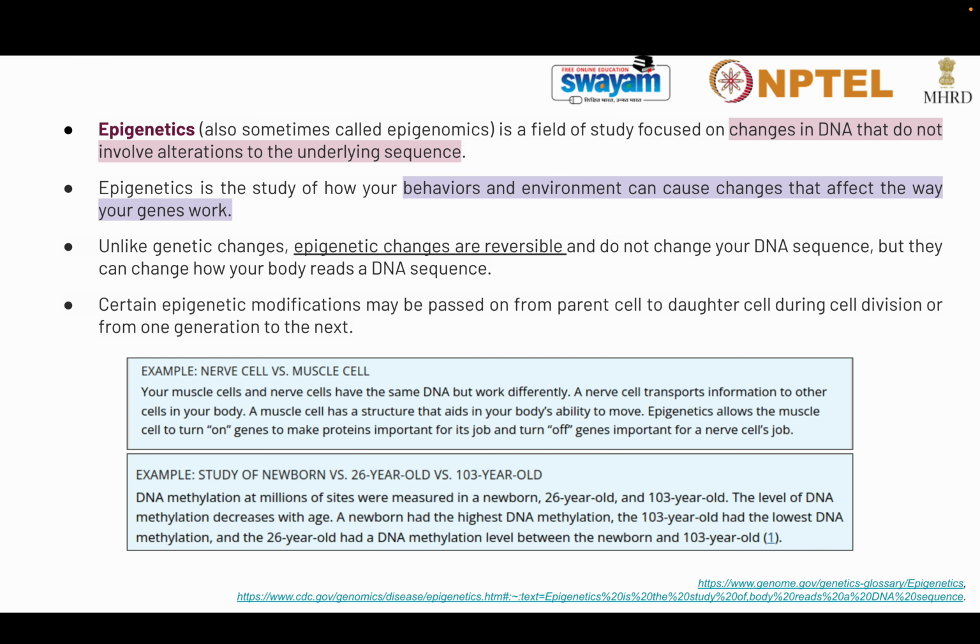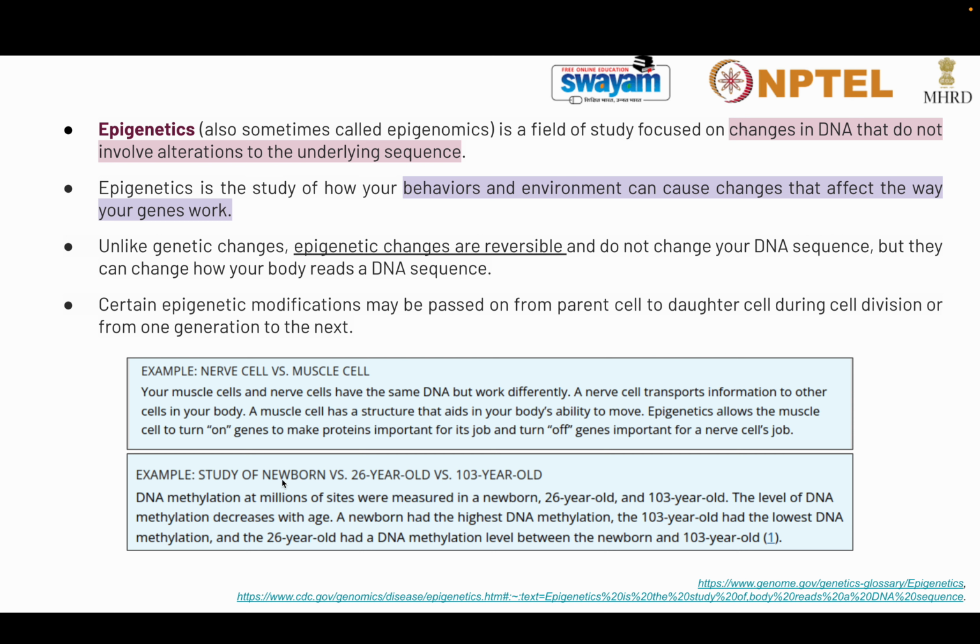Then there is another study which was performed on newborn, 26-year-old and 103-year-old people, in which these epigenetic changes were analyzed. The epigenetic change which they selected was DNA methylation. They observed the DNA methylation at millions of sites among all these three categories, and they observed that the level of DNA methylation decreases with age.